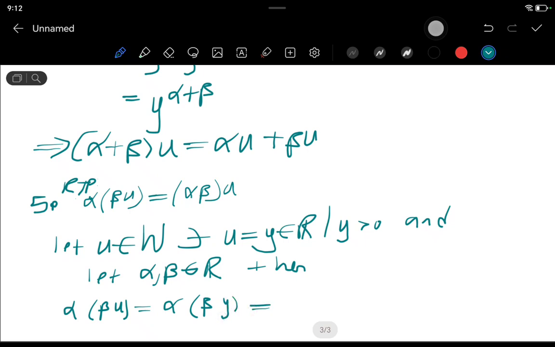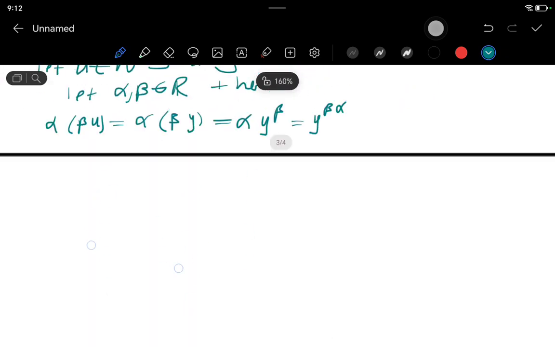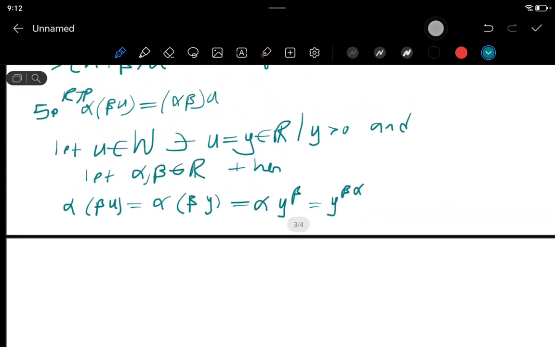Then when I apply inside here, this is going to be alpha, y to the beta. And this is going to be y, beta, alpha. You see, right? And then we get this. Now let's check the other side, according to that definition of scalar multiplication.